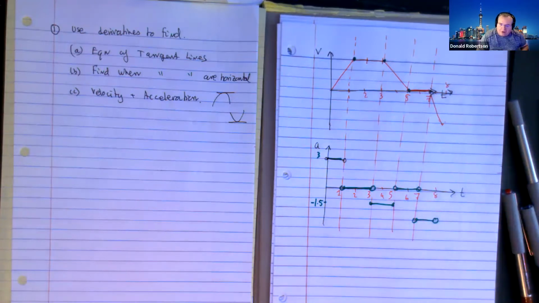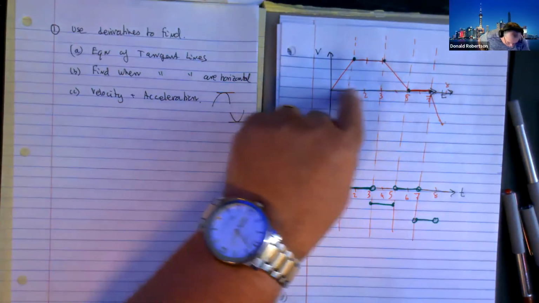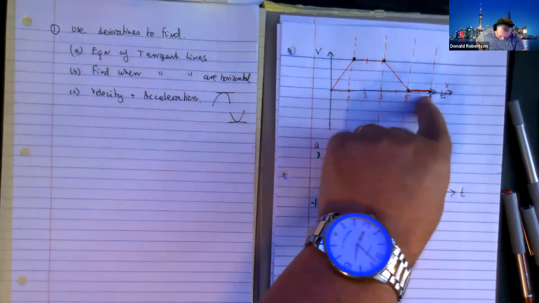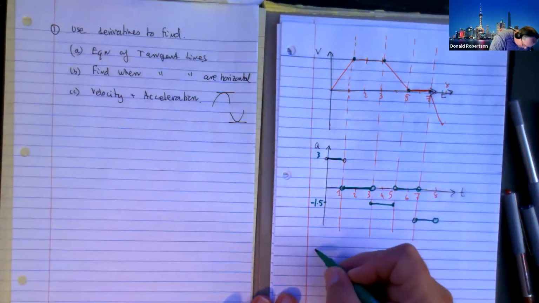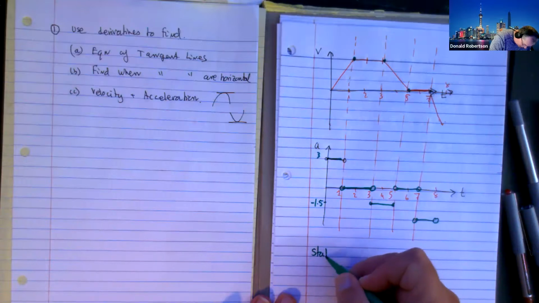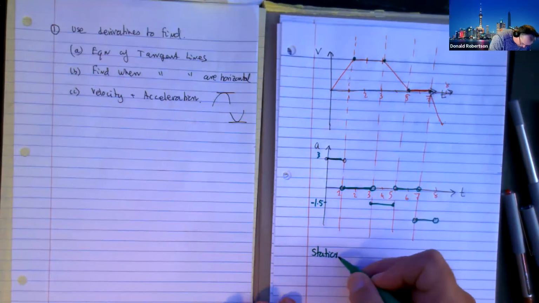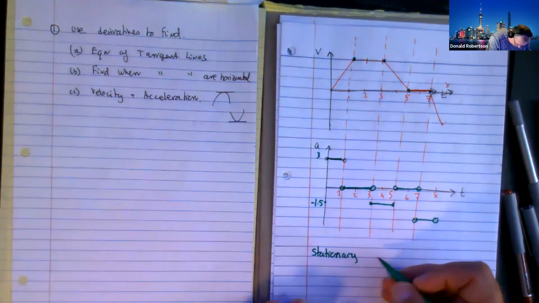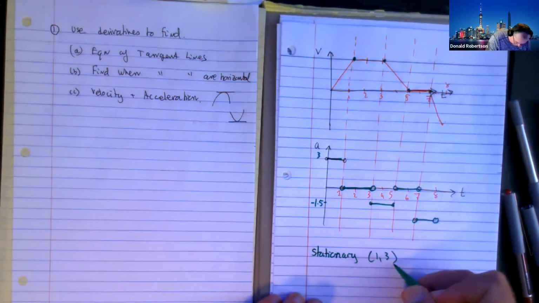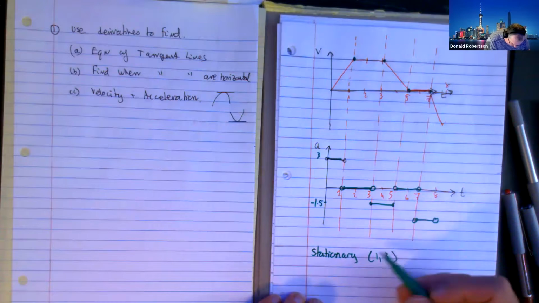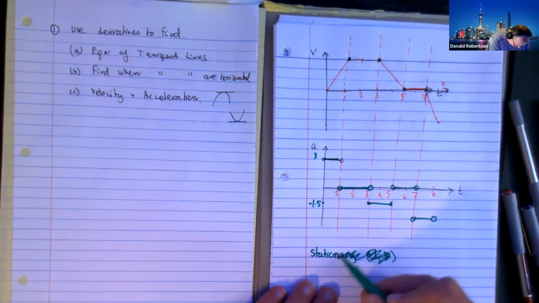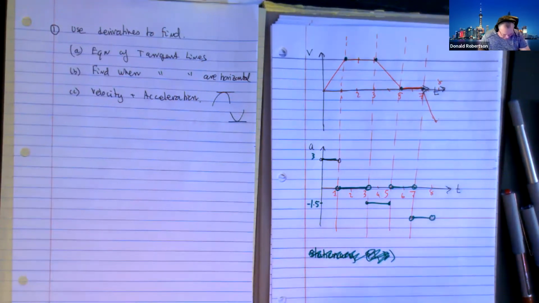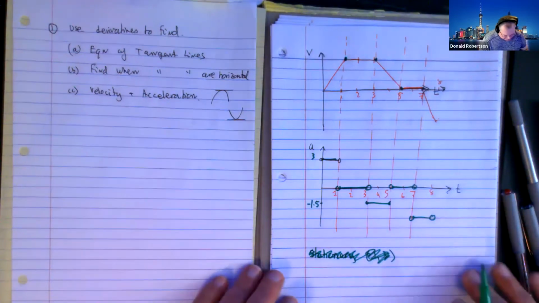So if I was asking you, when is this moving object stationary? Wouldn't you say between 1 and 3 seconds and 5 and 7? So it would be stationary from 1 to 3 seconds. And I just forget that. I was thinking position time.